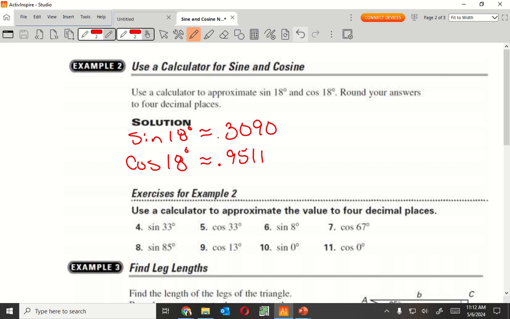We didn't do the last one. No, we didn't. Wait a minute.